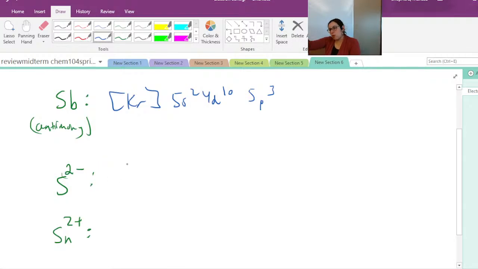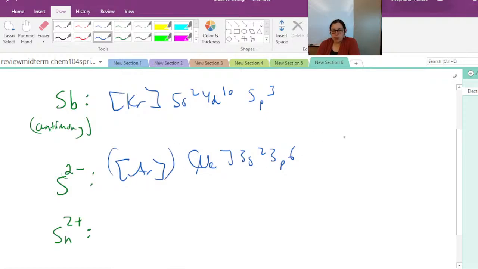You probably want to go like previously: neon, 3s2, 3p6. It's good to at least recognize it's argon, but this is preferred, because you always want to start at the previous noble gas.